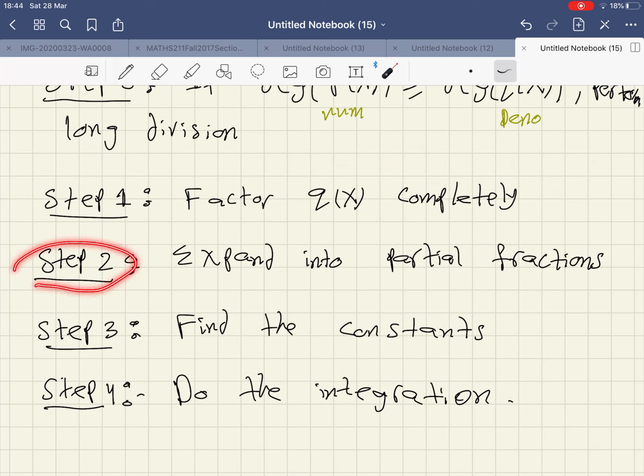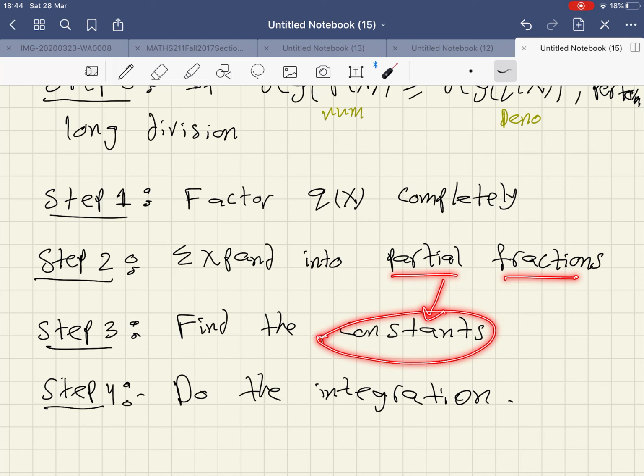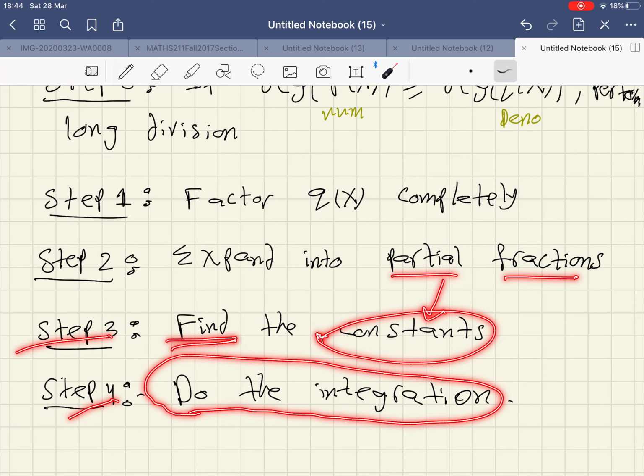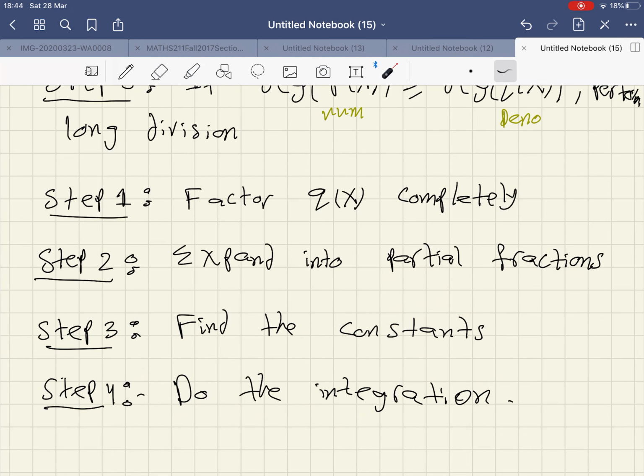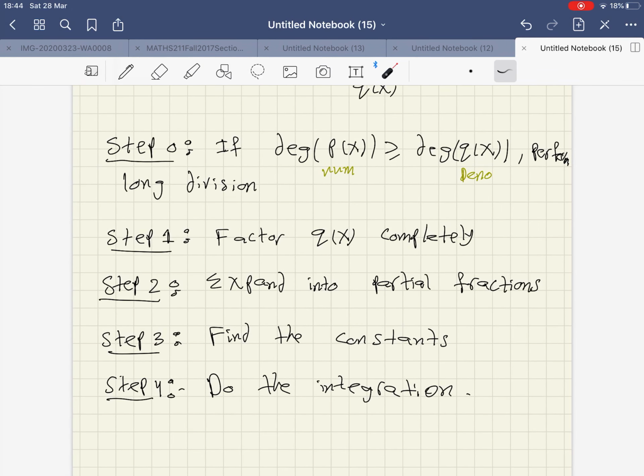Step number 2, we do the partial fraction, and we will show you in the example what we mean by that. When we do partial fractions, we get constants of the partial fractions, and we need to find them in step number 3. And step number 4, we finalize the answer by doing the integration. Those are the steps that we need to do. Let me do it in an example, and I will try to explain it as slowly as I can.